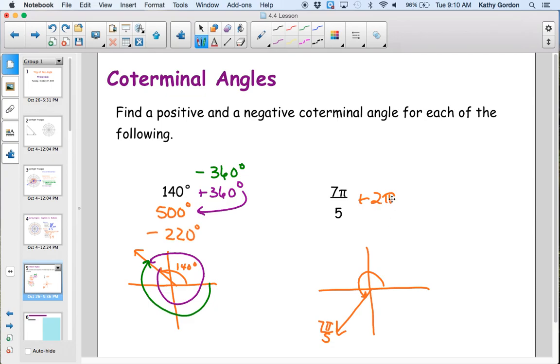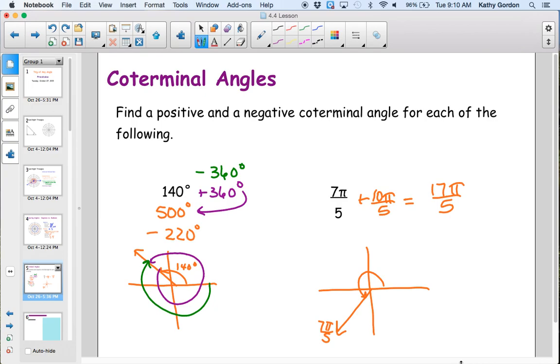So how can I rewrite 2 pi to have a common denominator so my adding's easier? 10 pi over 5. So instead of writing it as 2 pi, I'm going to write it as 10 pi over 5, which is equivalent, but gives me the denominator I need. And so then I end up with an answer of 17 pi over 5. So that would be a really good positive choice.